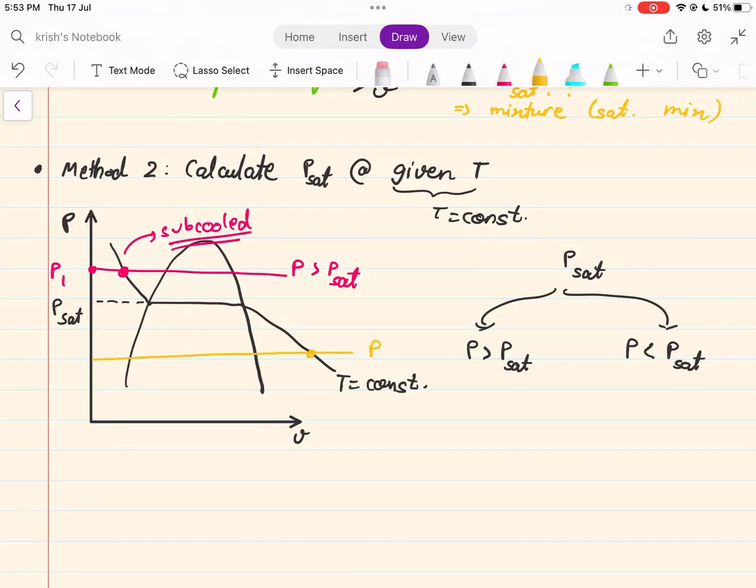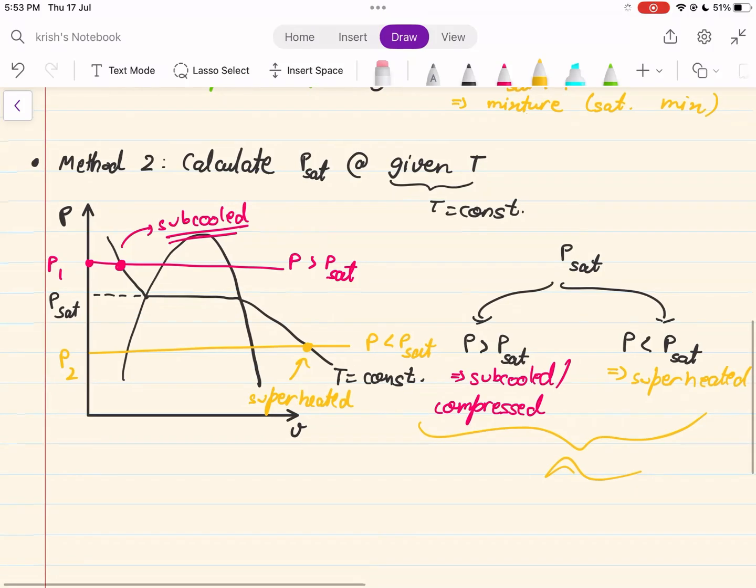Similarly, if P is less than Psat, then the intersection is on the superheated line. So P greater than Psat implies subcooled or compressed. Both terms are used, and P less than Psat implies superheated.